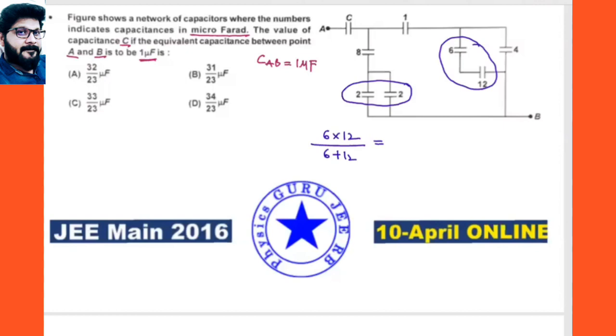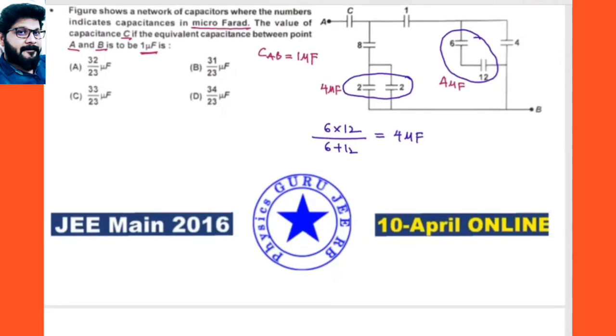How much do you get? 4 microfarads. Yeah, very good. Somebody posted their answer, 4 microfarads. So this combination is 4 microfarads. Now coming back, 2 and 2 are in parallel to each other. When they are parallel, how much will we get? 4 microfarads. So this is nothing but 4 microfarads.